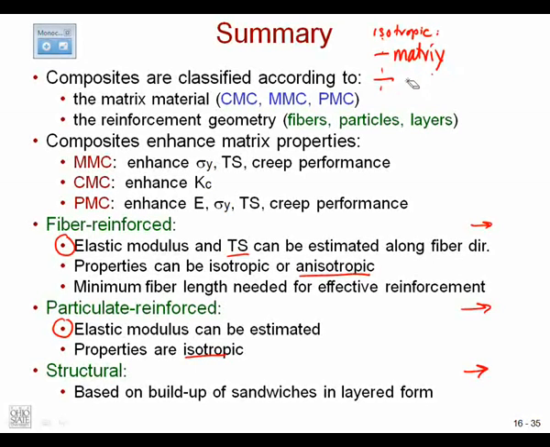So if the matrix itself is isotropic and the reinforcement is isotropic in its dispersion and geometry, that's the way to think about it.